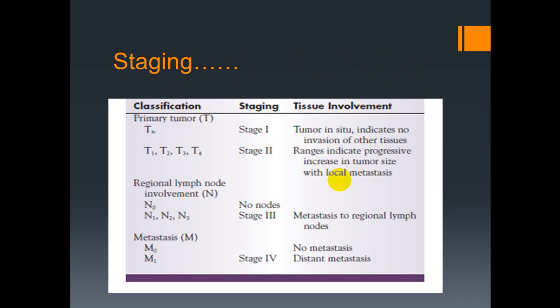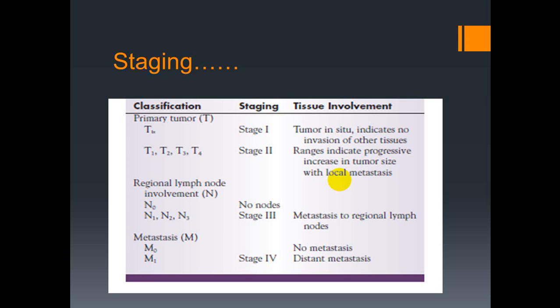As in the picture in front of us, the classification of tumor goes from a primary tumor, then involvement of the regional lymph nodes, and then metastatic cancer.